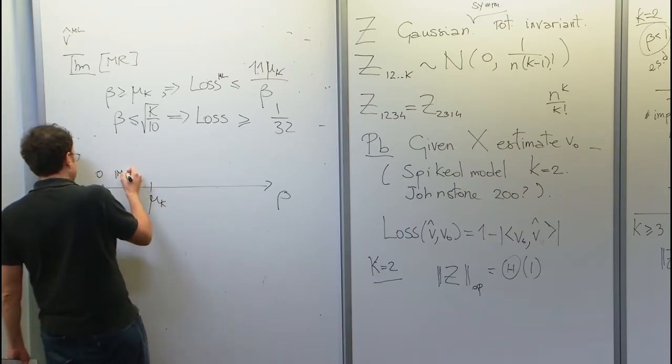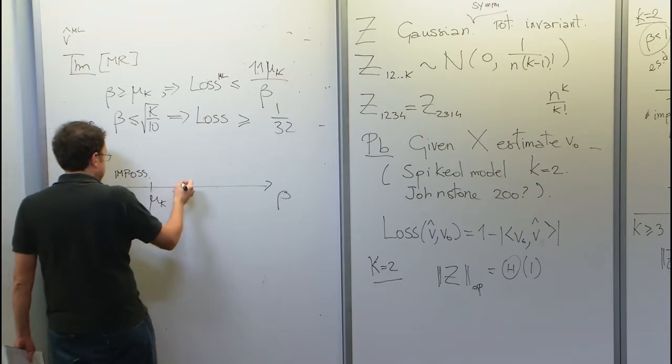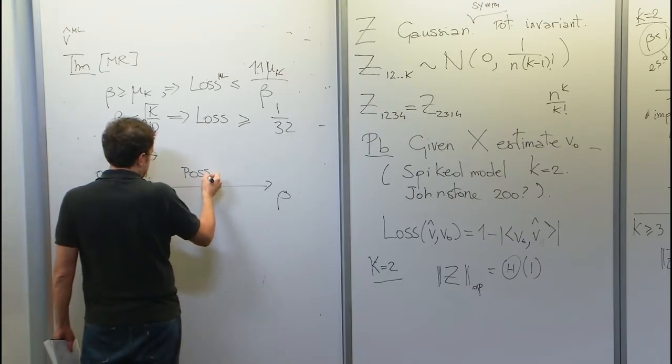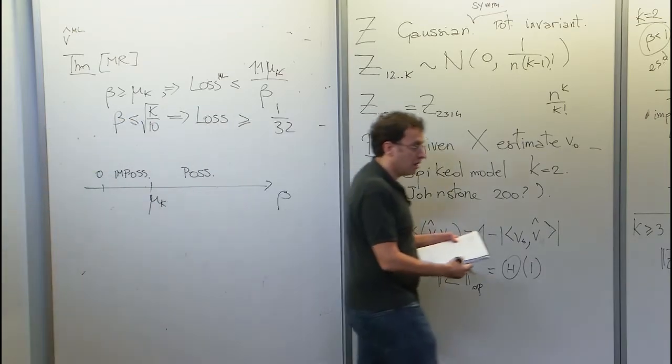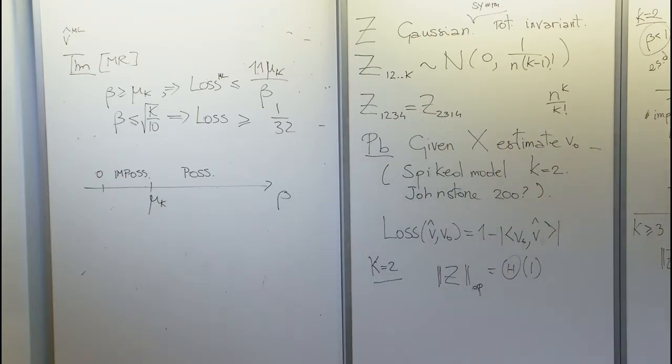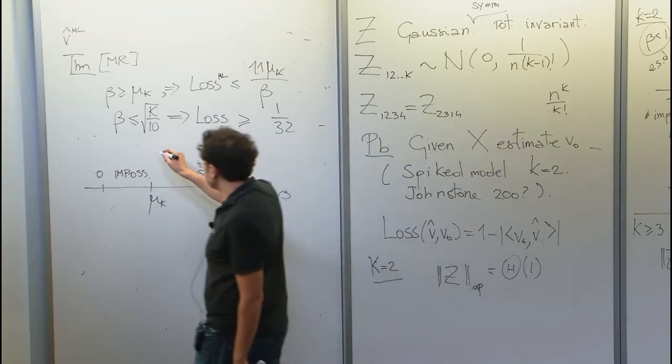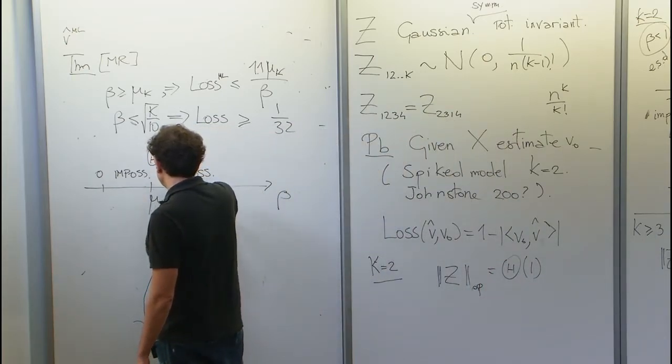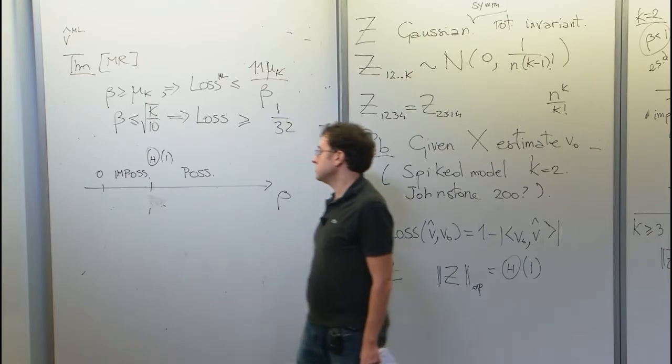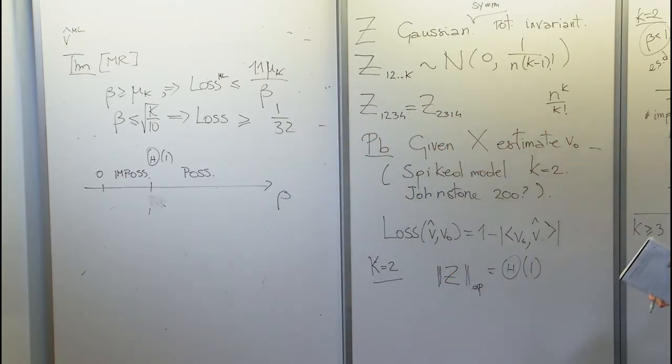Here it's impossible, and here it is possible to estimate V0. Okay, so the important thing that I want to emphasize is that we chose beta correctly, so this happens to be the scaling correctly, so this happens to be theta of 1 with respect to n.